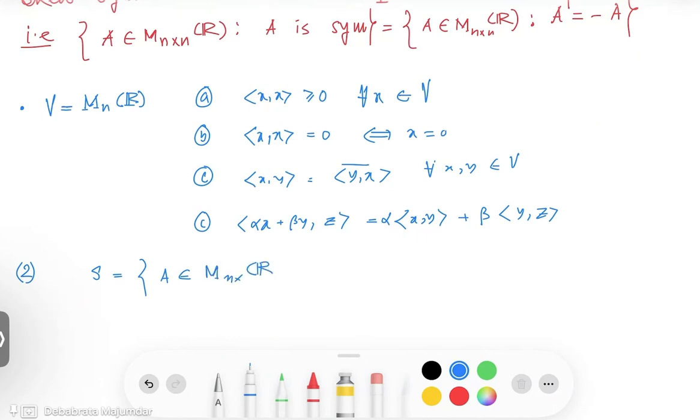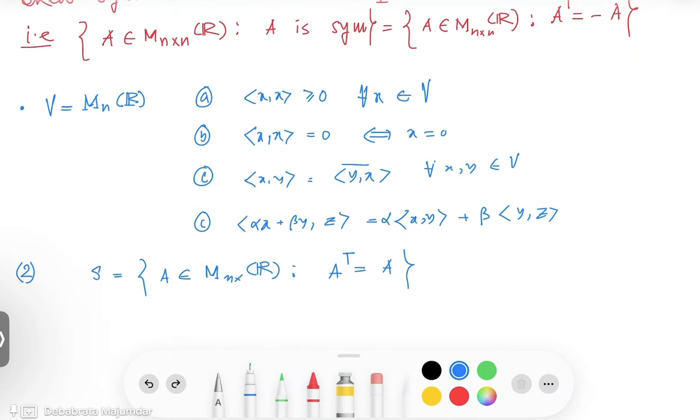This is your set, right? So this is symmetric. So now I am asking, is it a vector space? Just think about it.